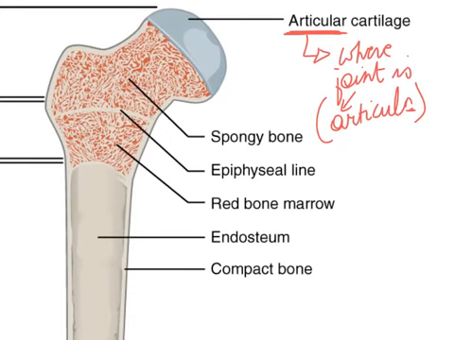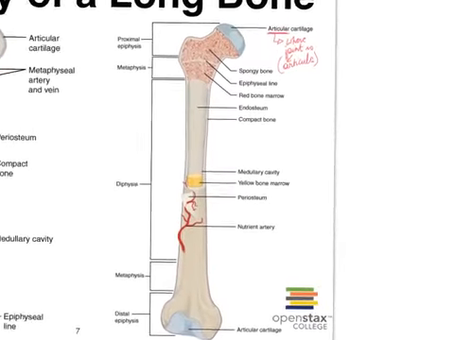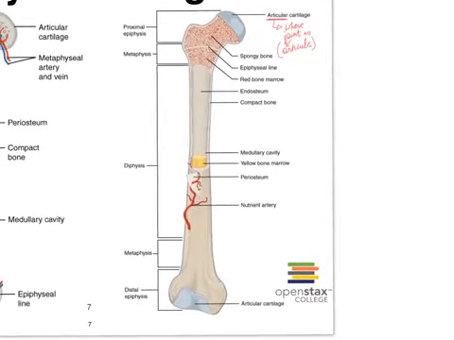Okay, now if we bring this back to its original size, what we're going to do next is focus on the membranes that we find inside of the bone and on the outside of the bone. They're called periosteum and endosteum. So I want to give you a little bit of a preview. On top of the bone collar, we're going to see the periosteum.